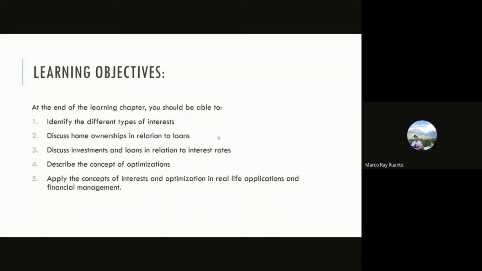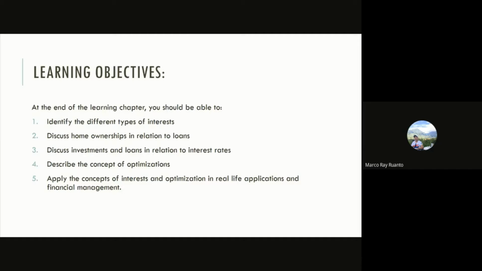By the end of this chapter, this would be our learning targets. Number one, we should be able to identify the different types of interests. Dili ka ng interest na kanang siya naka-interest sa imo, but the interest related to money.